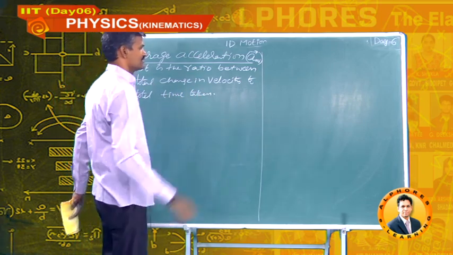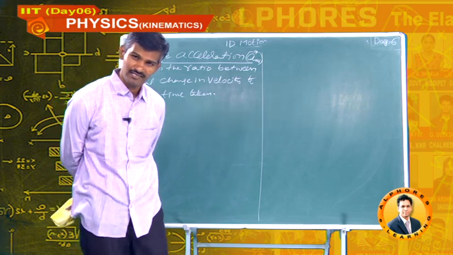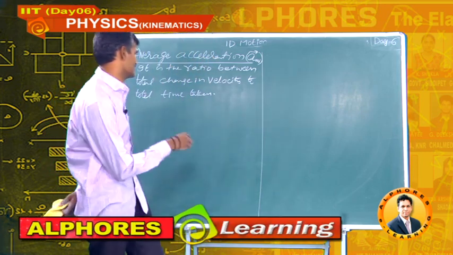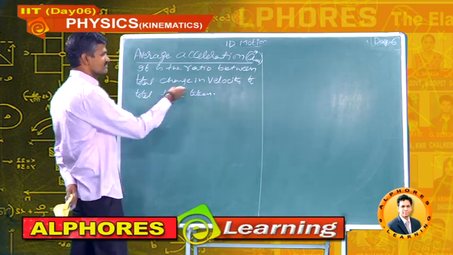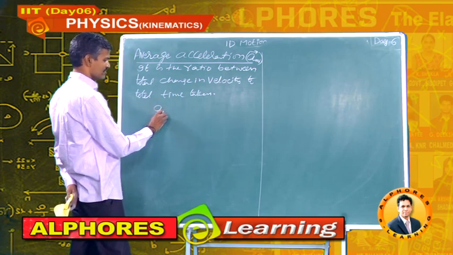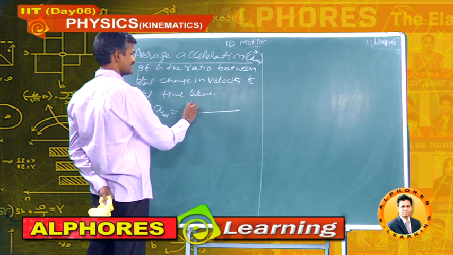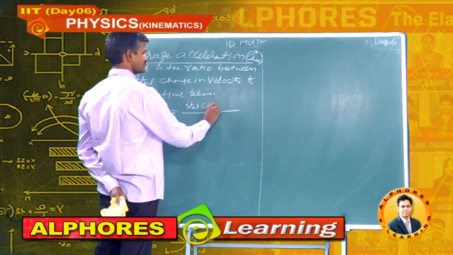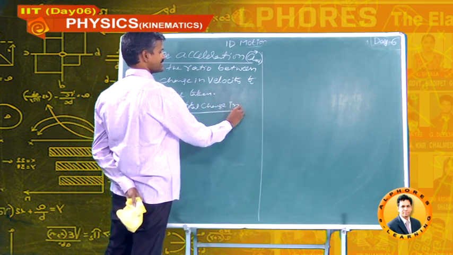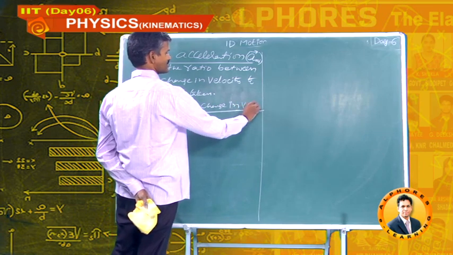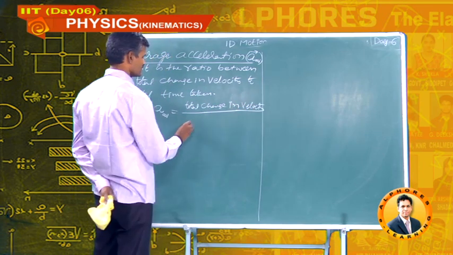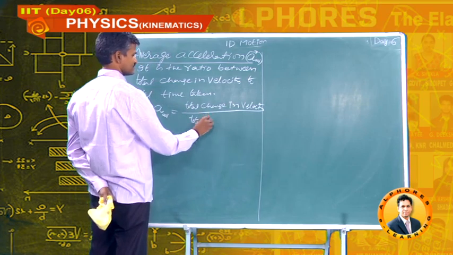To understand this situation, we first write the formula. Average acceleration is total change in velocity by total time taken.